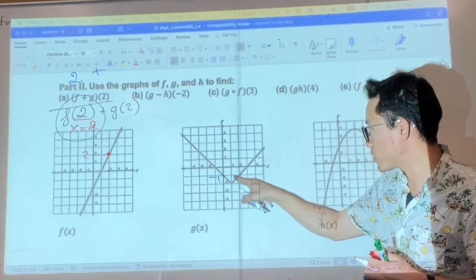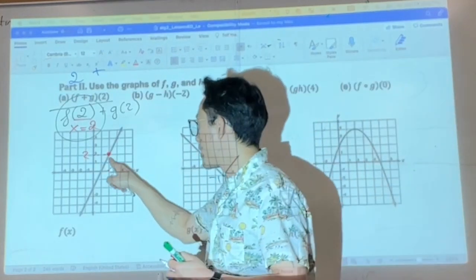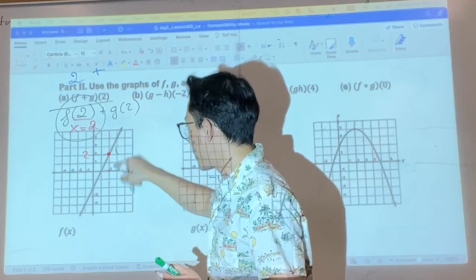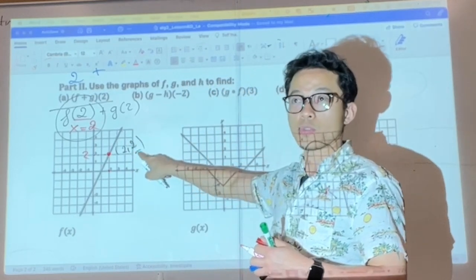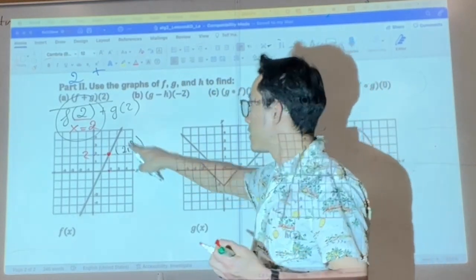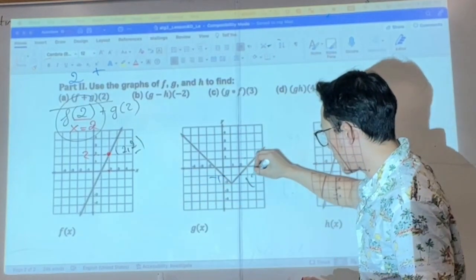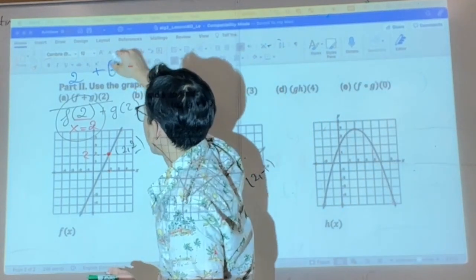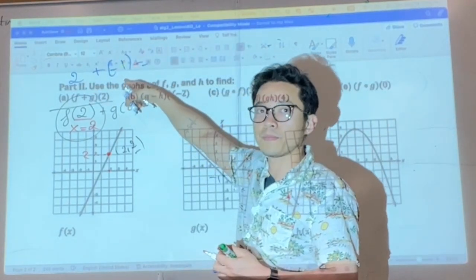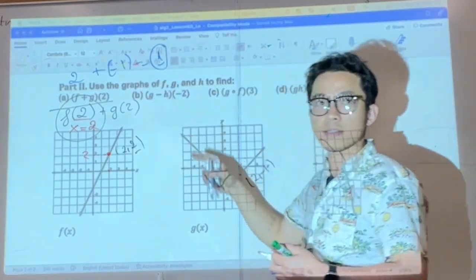The graph is right here, so the y value is -1. Or you can write down the point 2, -1. We want to find the y. So G of 2 is -1. What is 2 plus -1? 1. That's your answer. So this is equal to 1.